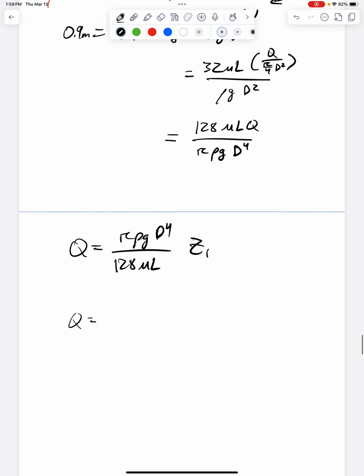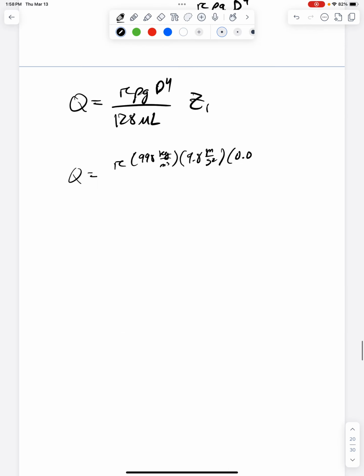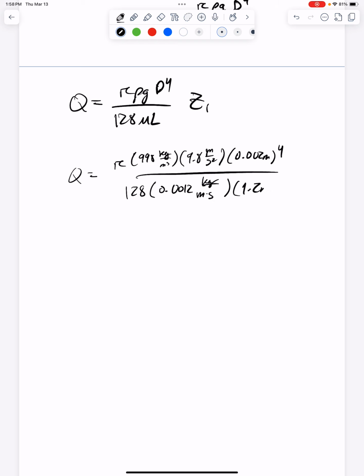So Q is equal to pi times the density, 798 kilograms per cubic meter, times gravity 9.8 meters per second squared, times D, 0.002 meters to the power 4, divided by 128 times mu, 0.0012 kilograms per meter per second, times L, 1.2 meters, times Z1, 0.9 meters, gives me a Q of 1.90 times 10 to the power of negative 6 cubic meters per second.